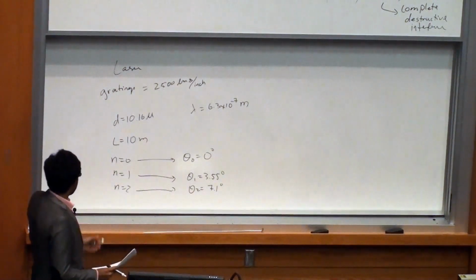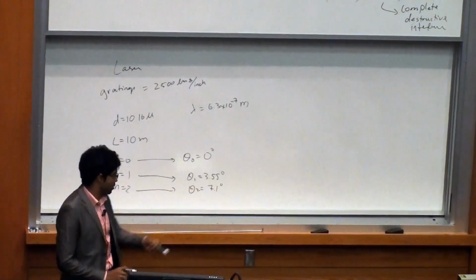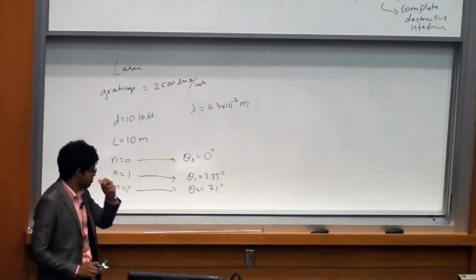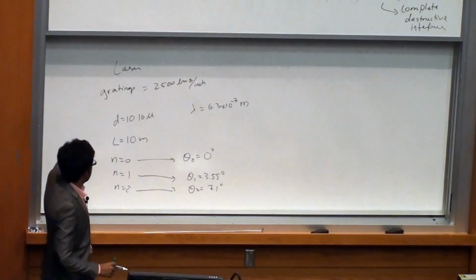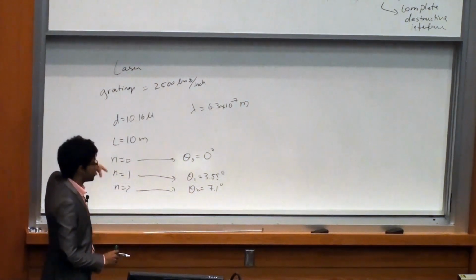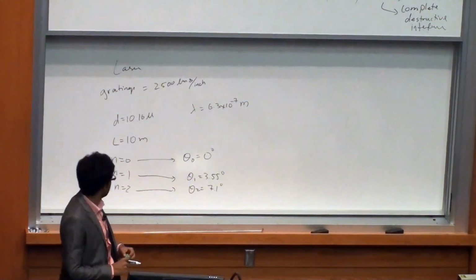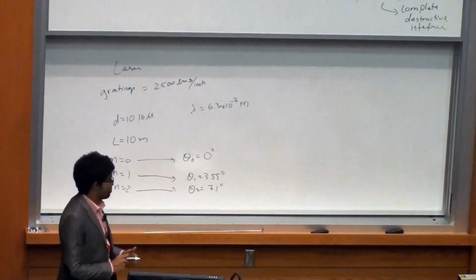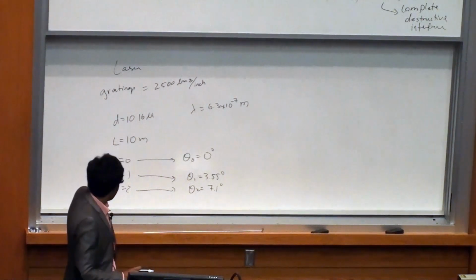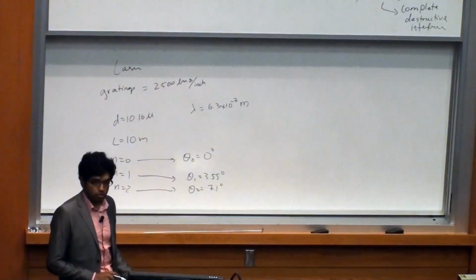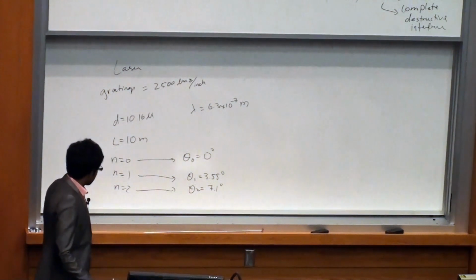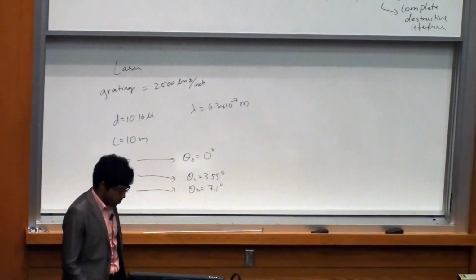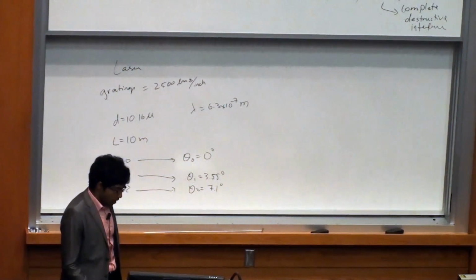So that's more or less how they would play out with that red laser, if I have a diffraction grating of 2500 lines per inch, given the values of the red laser and the distance between each of those gratings. If I'm looking at some distance 10 meters away, I can expect those angles to be more or less accurate.